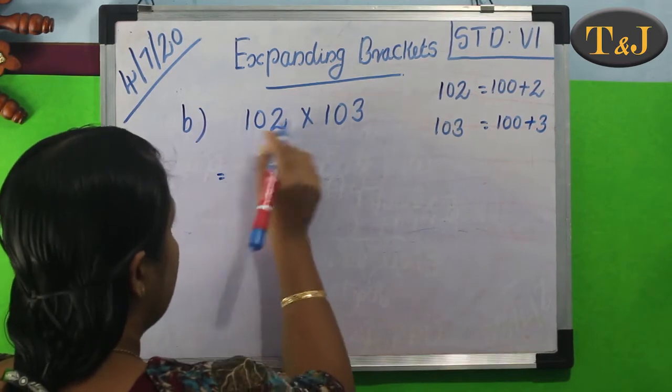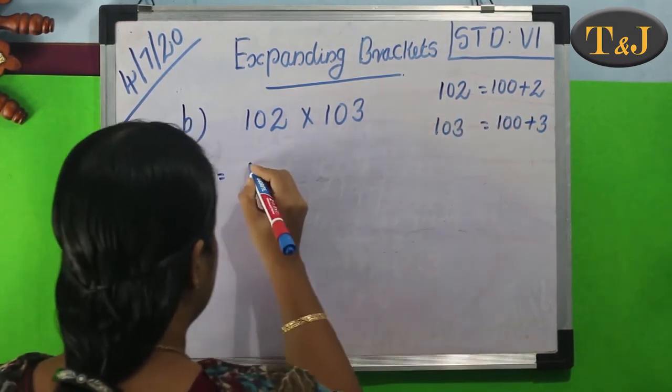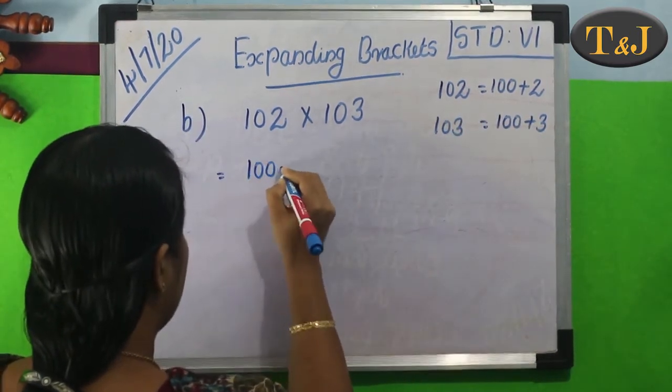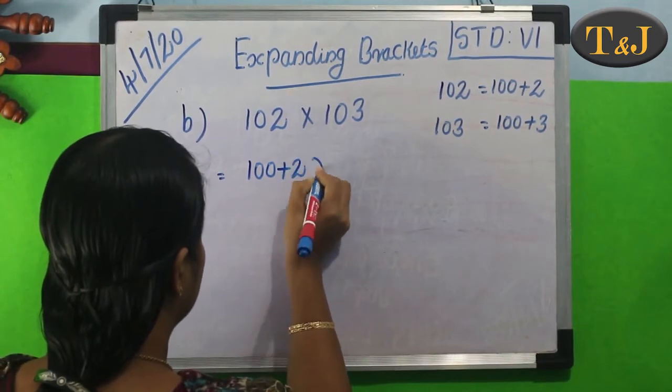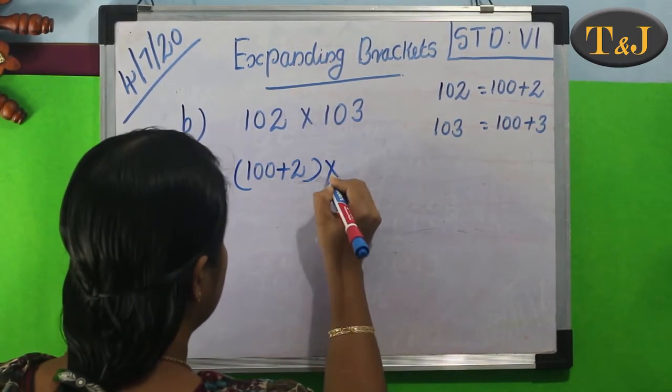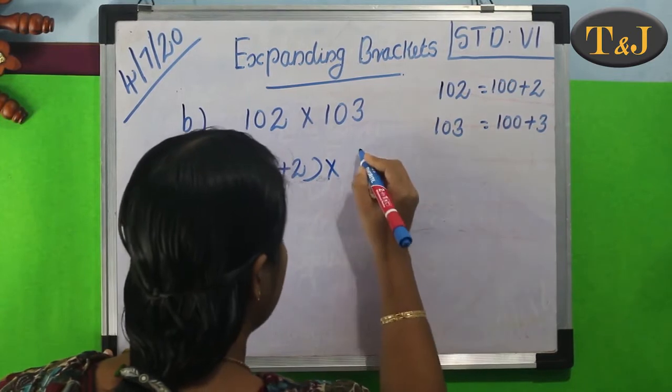In the place of 102, now we write 100 plus 2, multiplied by the next number 103, that is 100 plus 3.